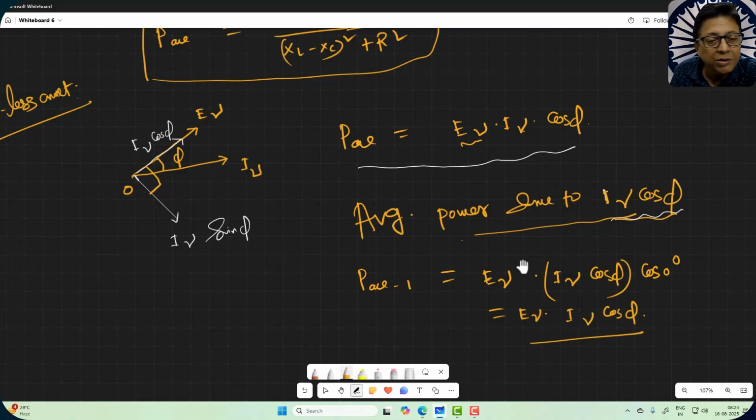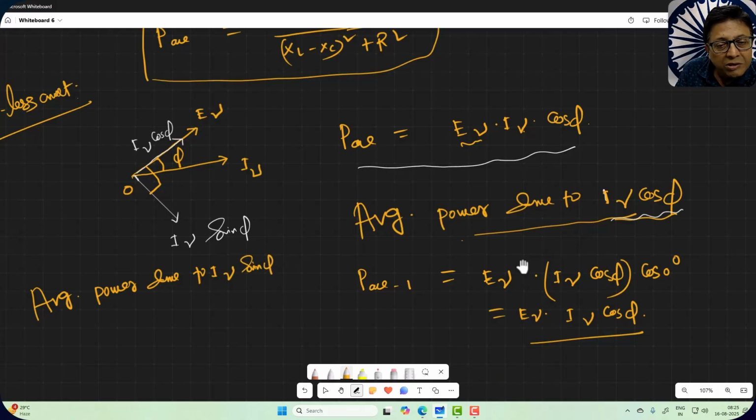Then we calculate average power P average 2 due to I nu sin phi.